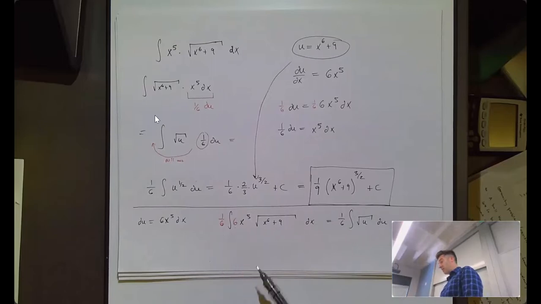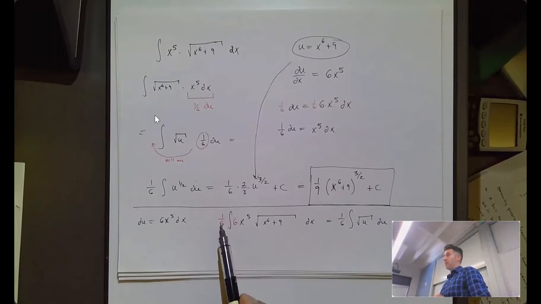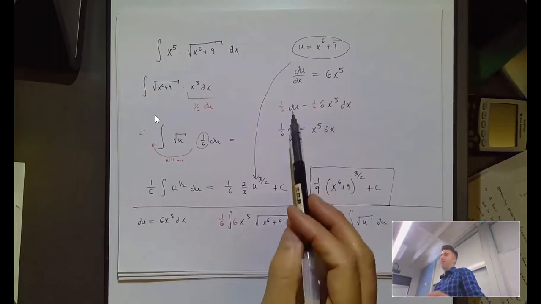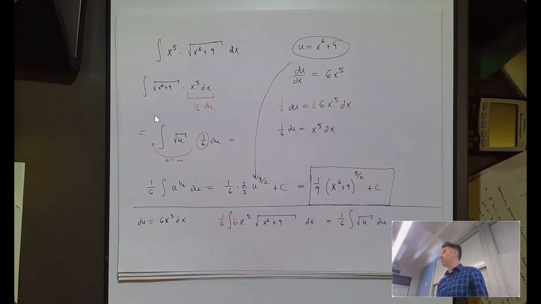You can't throw in an e to the x and then divide by e to the x on the outside of the integral. That's a giant problem that we can't do. But if you're just trying to adjust by a constant, it's totally fine to multiply inside the integral by the constant and divide outside the integral by the same constant. I like this less than this, but they're really the same thing, just done a different way.